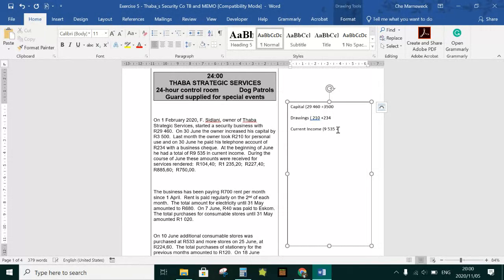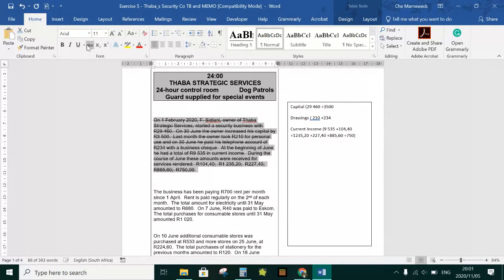Hopefully you know services rendered is current income: 104,40, 1,235,20, plus 227,40, plus 885,60, plus 750. So we got lots of money for current income. Let's space it out a little bit. Okay, so we've done the first part.